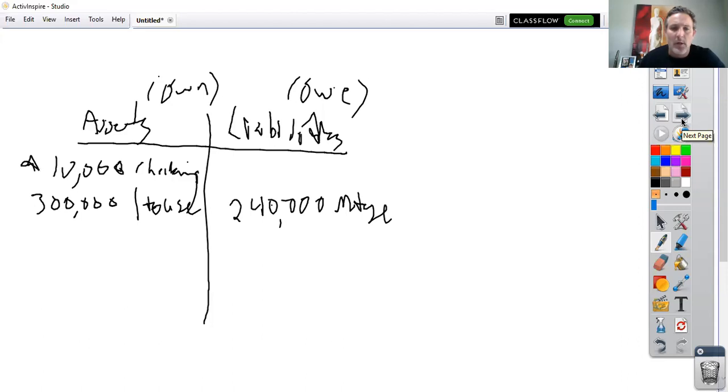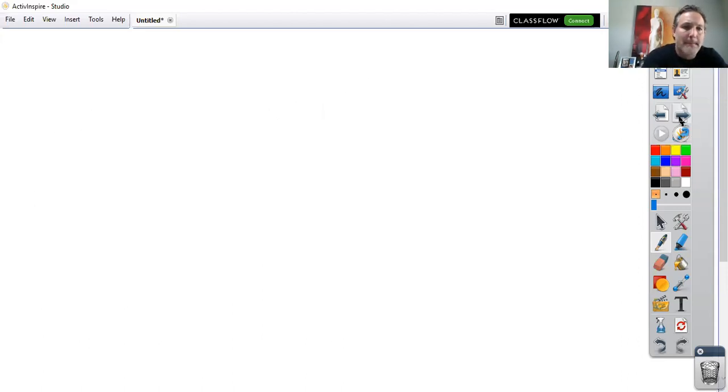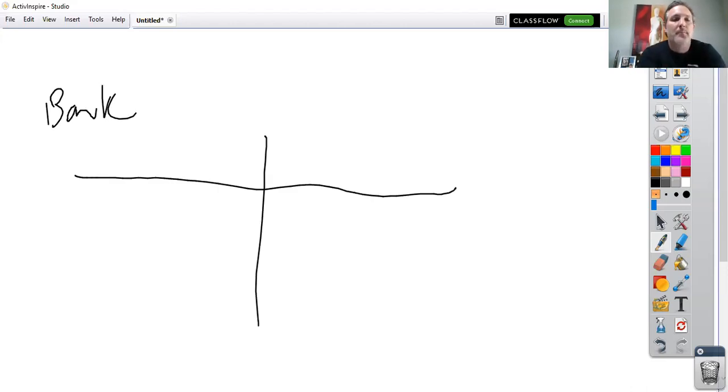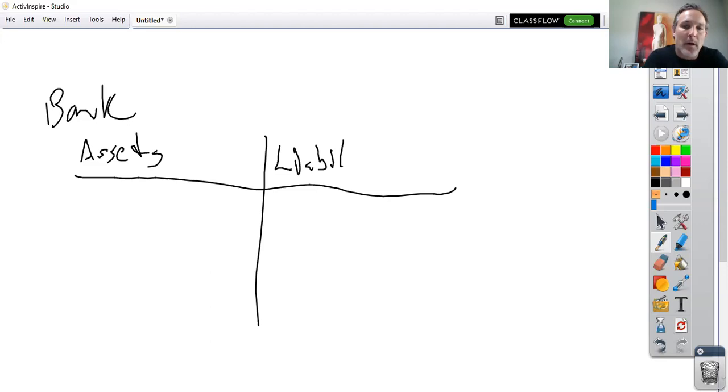Okay, so if you go to a bank, what that would look like for them, let me try to write this a little bit more neatly. Okay, so we got assets and liabilities, and my $10,000 checking account is a liability to the bank.